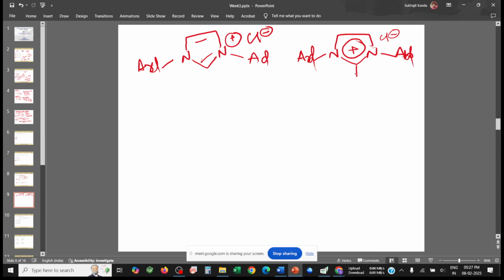Here we have one hydrogen, so the base will take up the proton. If you give any base like NaH, it will take up the proton and neutralize this to generate the carbene.